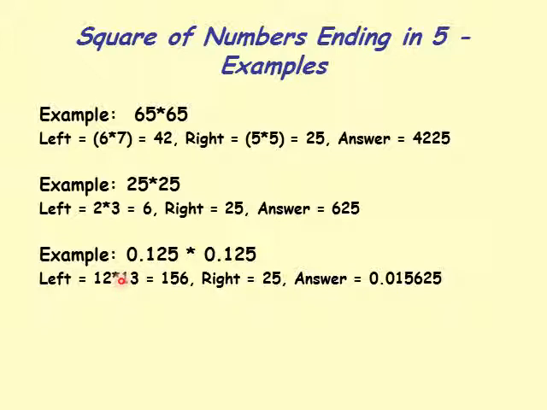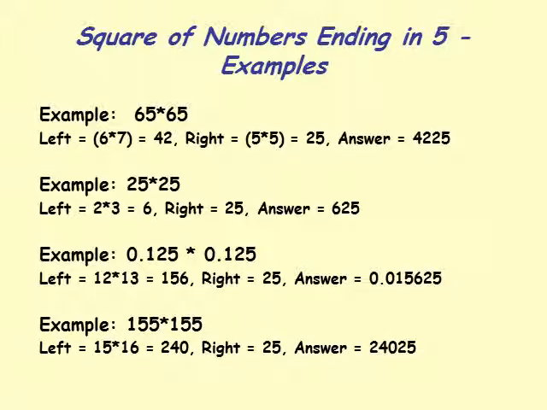So the answer is 12 times 13, 156, and 25. Answer is 0.015625. The extra 0 we added because we needed 6 digits after the decimal. Right now this is 1/8, this is 1/8, 1/8 times 1/8 is 1/64. So we just computed 1/64 is equal to 0.015625.